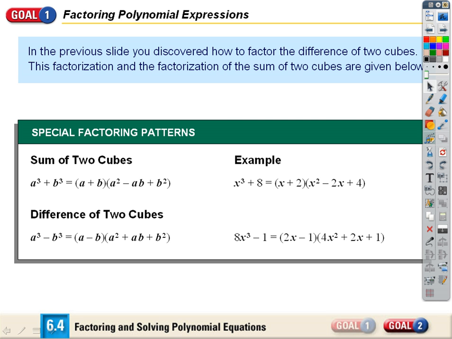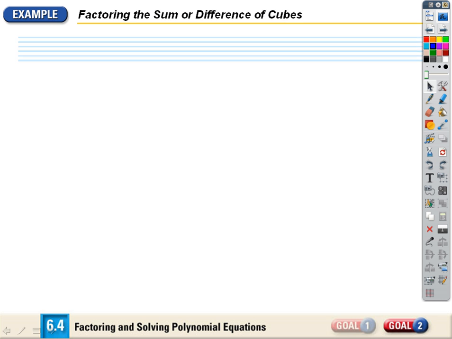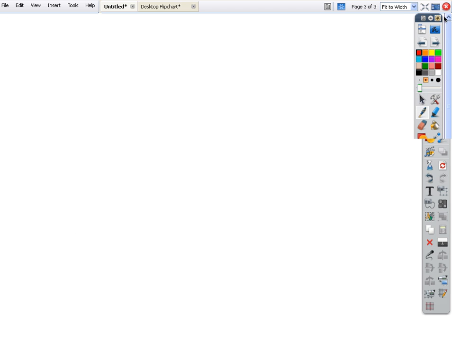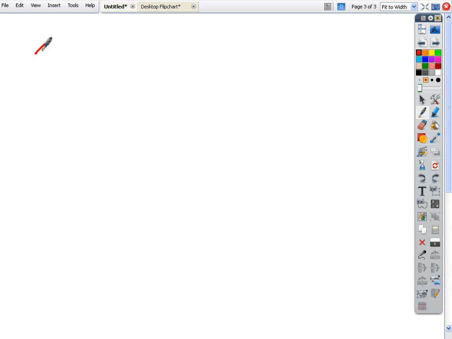X cubed plus 8 could be written as x cubed plus 2 cubed, right? So I can write it as a sum of two things being cubed. And then all I have to do is follow that pattern.